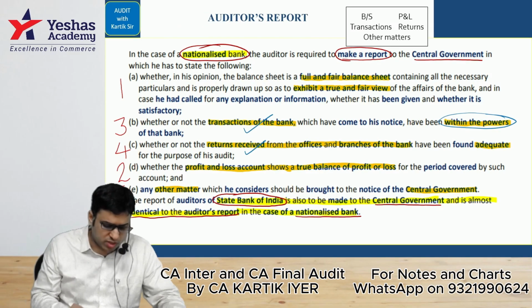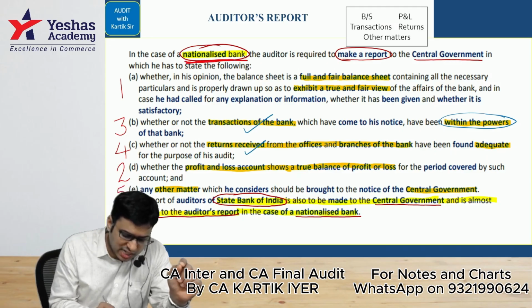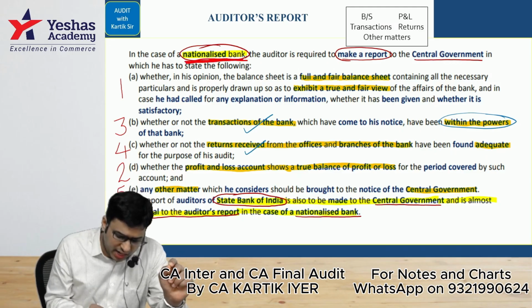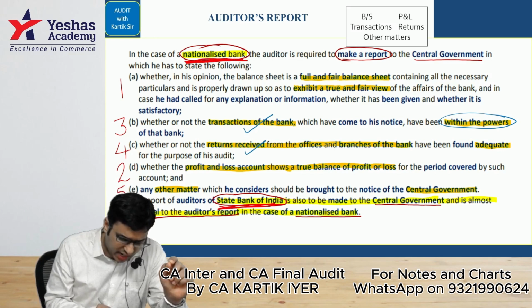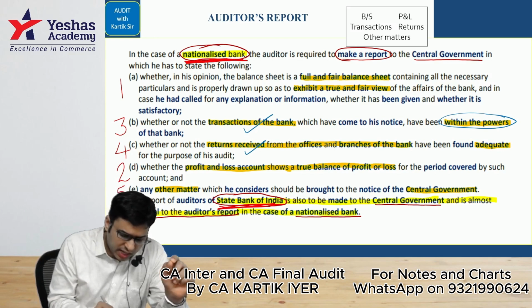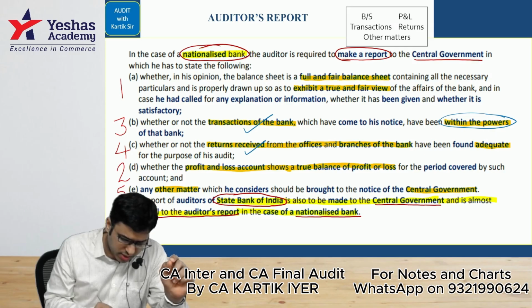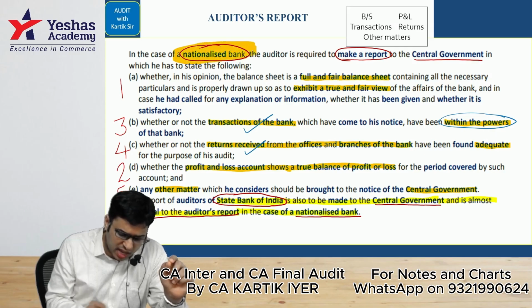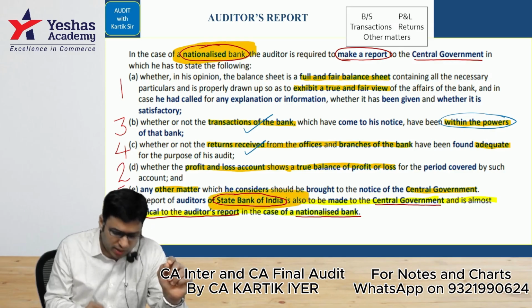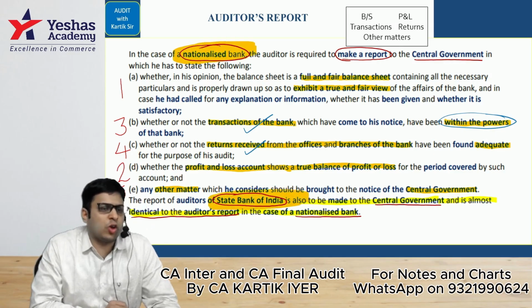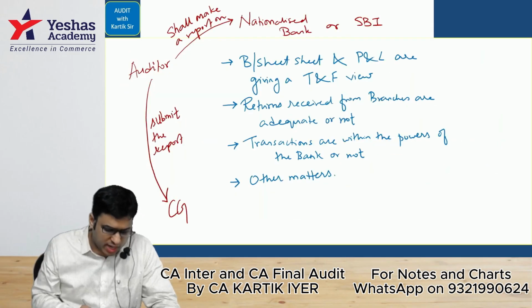This is a simple question which says, in the case of nationalized bank and State Bank of India, I'll highlight it again. Please, everyone look here carefully. In the case of nationalized bank and the case of State Bank of India, what all matters should be reported? So you should look at the screen here.